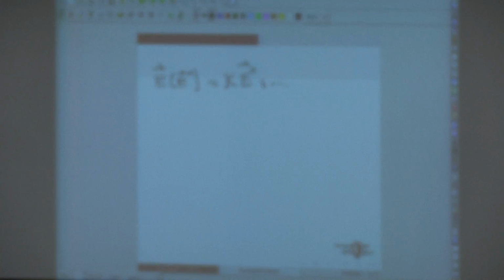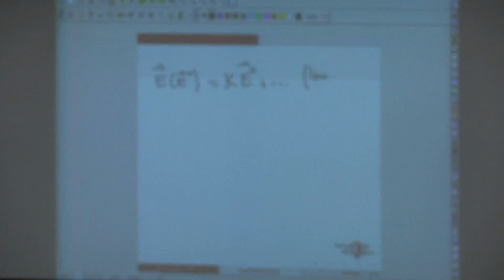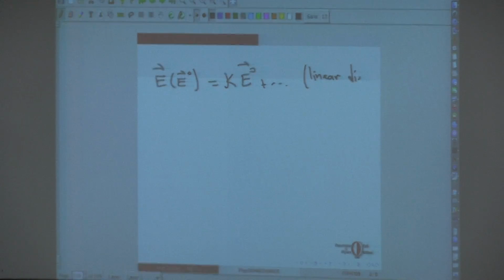This, of course, is an assumption. This is what is called a linear dielectric. In a linear dielectric, the total electric field inside is proportional to the applied electric field. We also have nonlinear dielectrics, but within this course, at least, we will be restricting our attention to the linear ones.